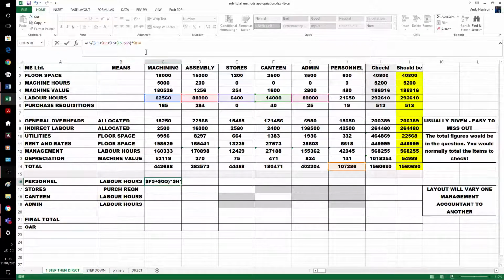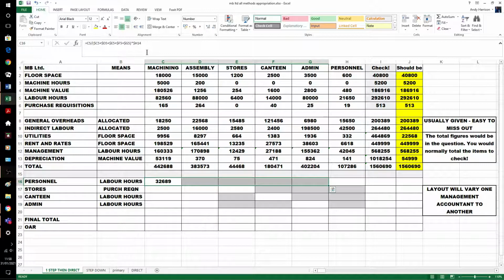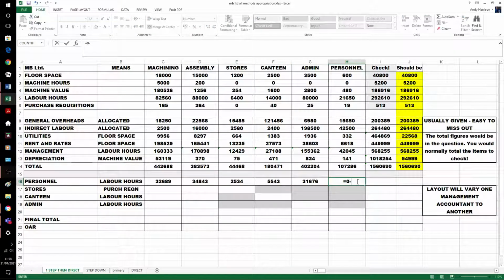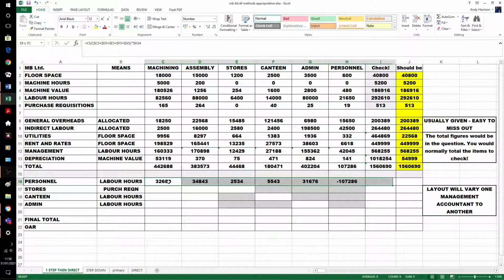No, H4 is constant. So when I go across and checking, and obviously we can see that this is going to be okay. And we can see we have transferred just the same as the step method.